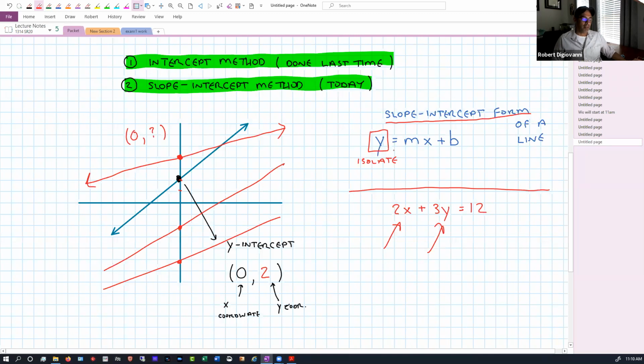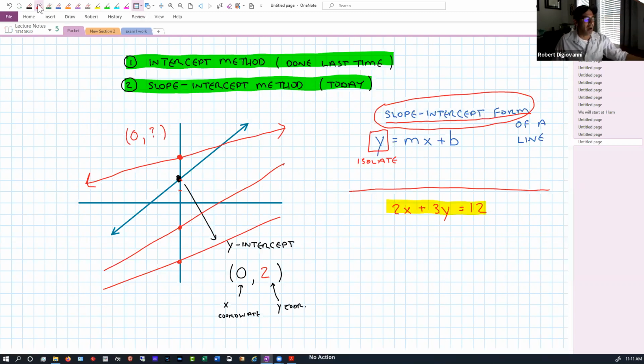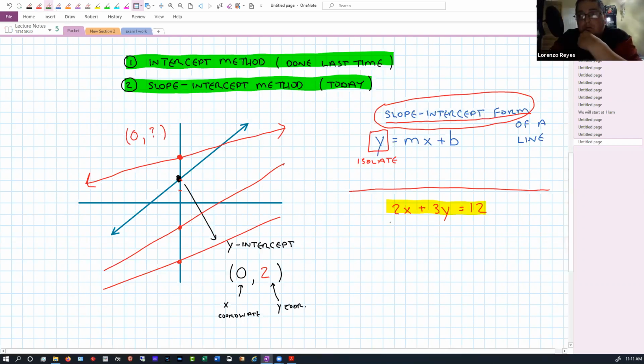So I'd like for us to just practice this real quick, and then we'll get into the details of why we would even want to do this, all right? Let's just see that if somebody gives us a line in the form from last class, there is a way to transform it into this slope-intercept form. All I'm going to do is take this equation here in yellow and try to get y by itself on one side of the equation. So I'm going to subtract 2x on both sides.